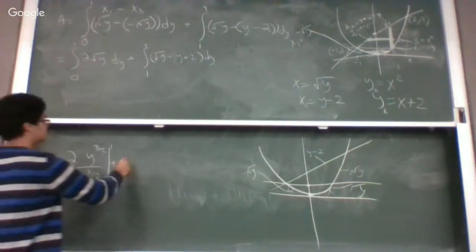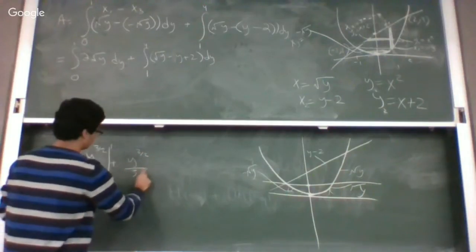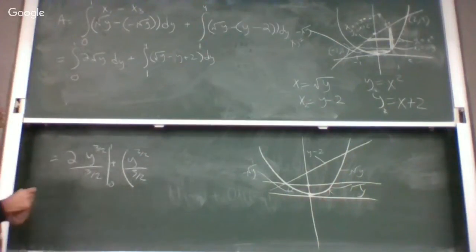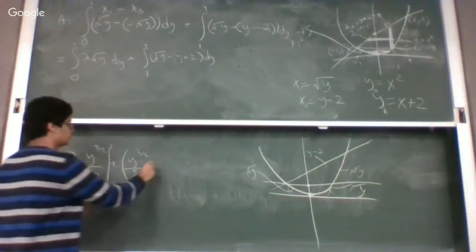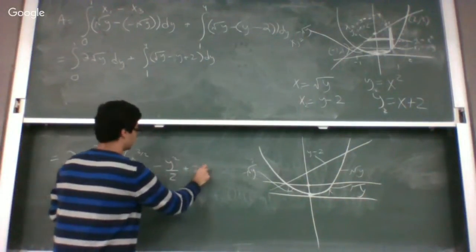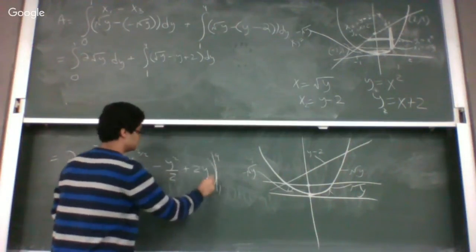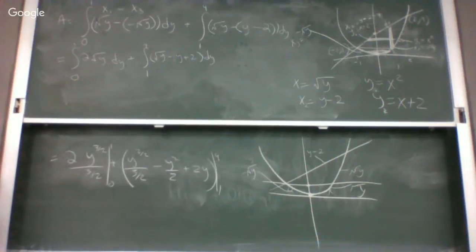The second part, y to the 3 halves, all over 3 halves, minus y squared over 2, plus 2y from 1 to 4. Any questions on that?